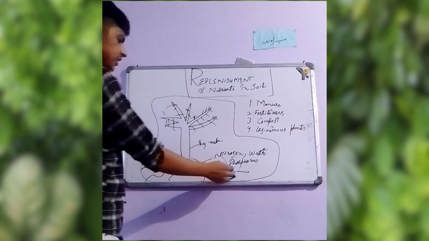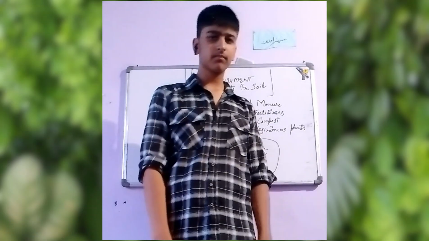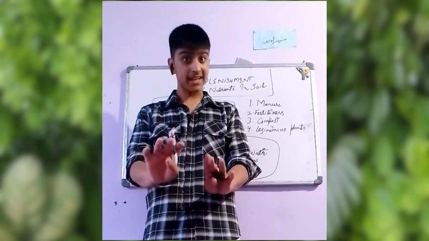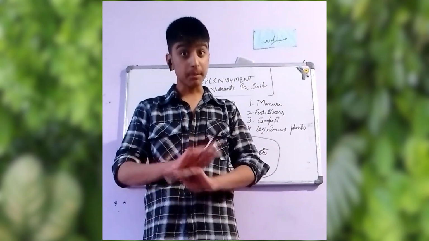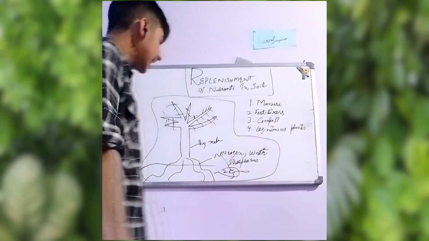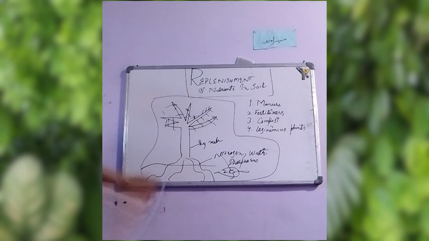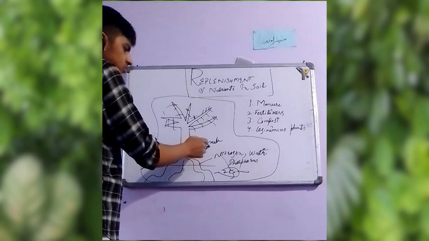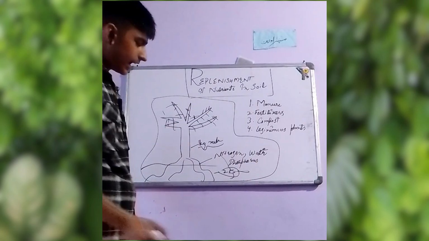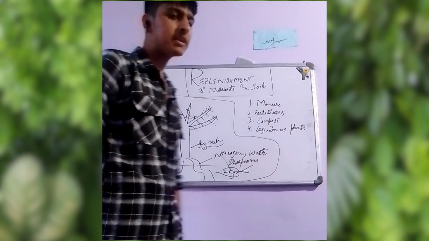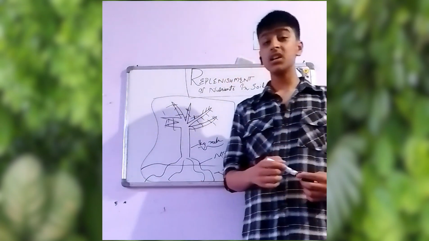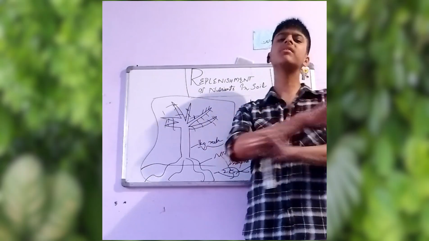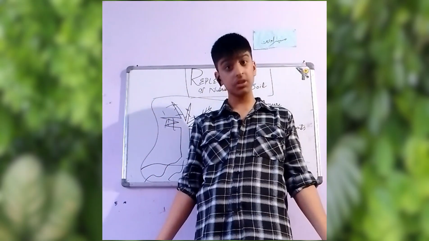So this 2 kg will never finish. It's an example, it's not actual, it's not appropriate, but think yourself: if a plant uses 1 kg of nitrogen and in the soil only 2 kgs are present, will it survive? No. After 2 months it will be dead because the nitrogen will finish.